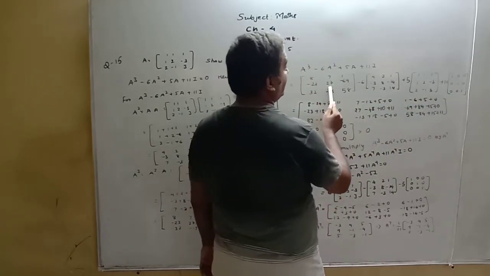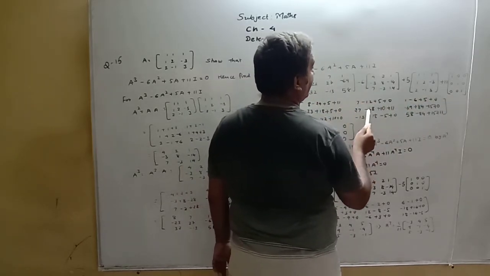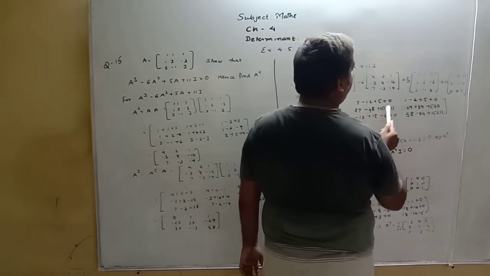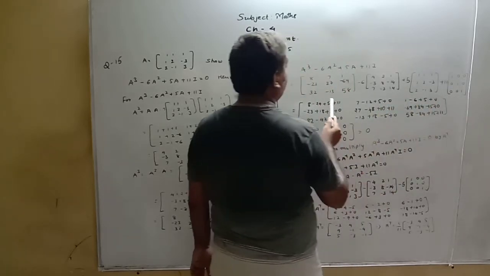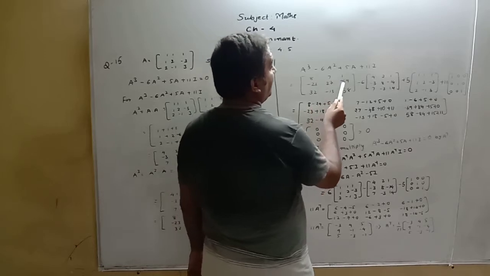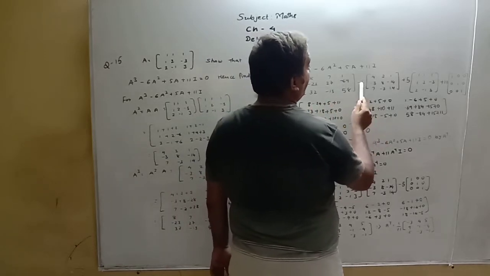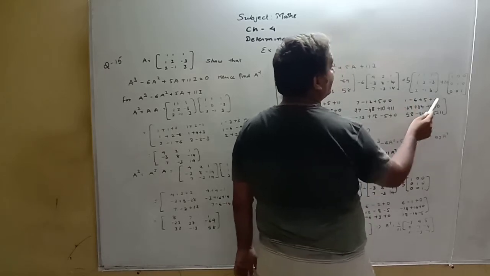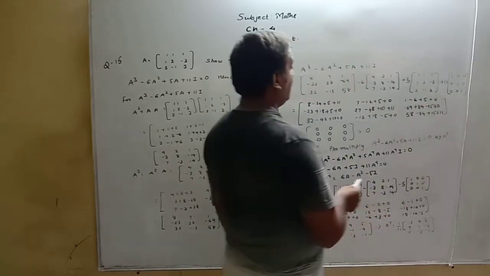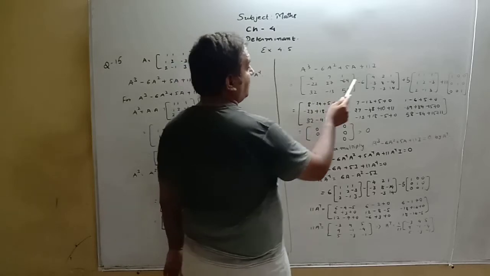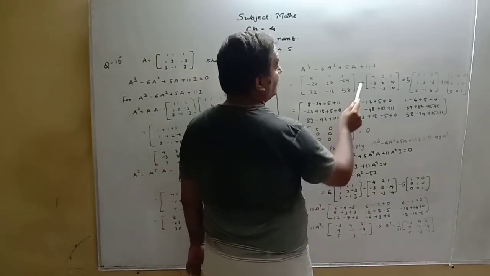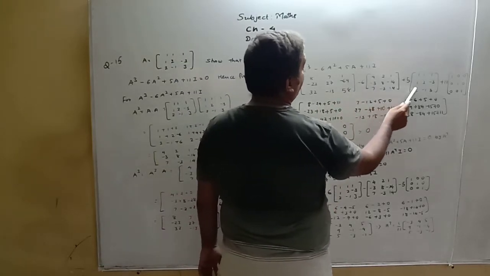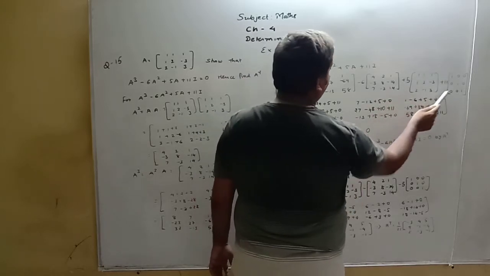Then 27 minus 6 into 8 minus 48, 5 2s are 10, 11 is 11. Then minus 69 minus 84 minus 1 is plus 84, 5 is minus 15 and 11 is 0. Then 32 minus 6 into 7 is 42, 6 into 5 into 2 is 10 and 11 is 0.